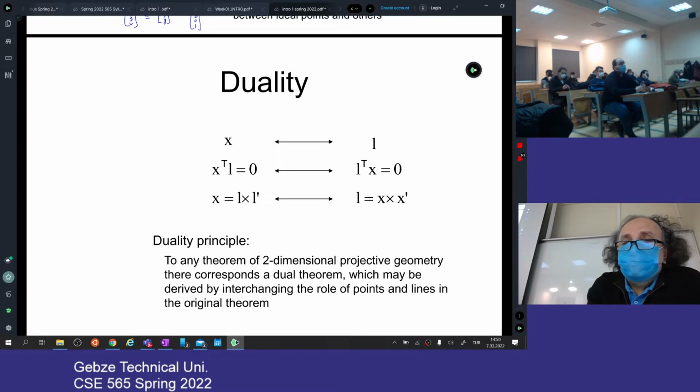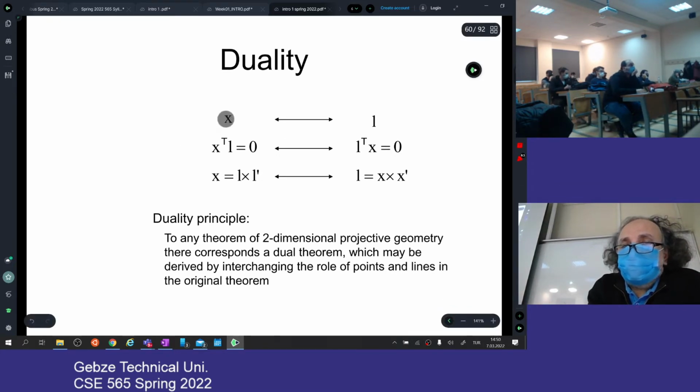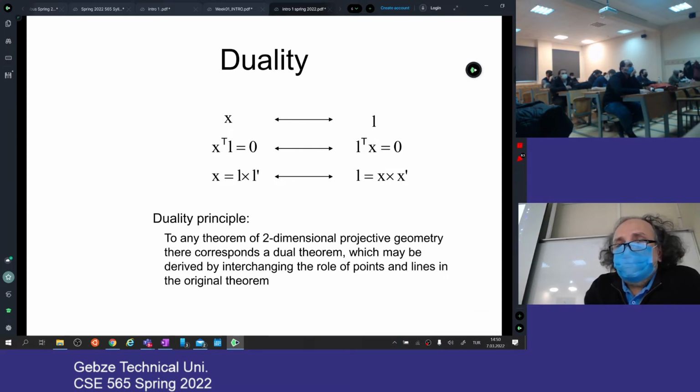Usually we represent points with x and lines with L, and if this point is on line L, the dot product between them is 0. Or if this point x is on line L, the dot product will be 0. But I can just interchange these two, right?